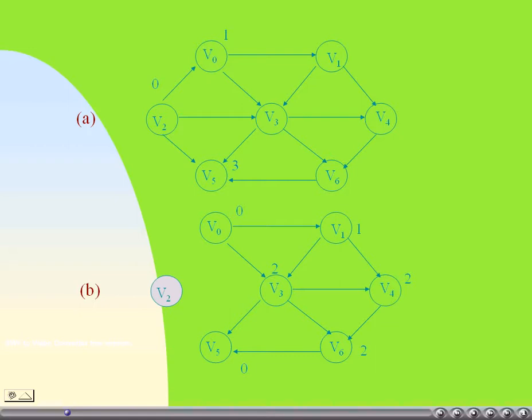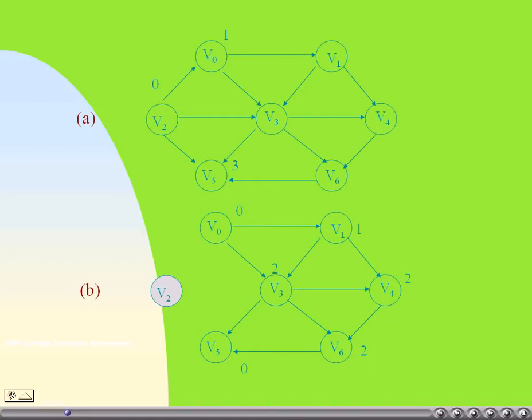We select that one and consider it output to the output list, and all the edges leaving V2 are removed, and accordingly the indegrees of the adjacent vertices of V2 will be reduced.